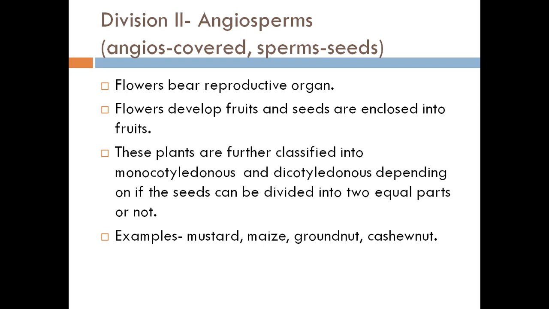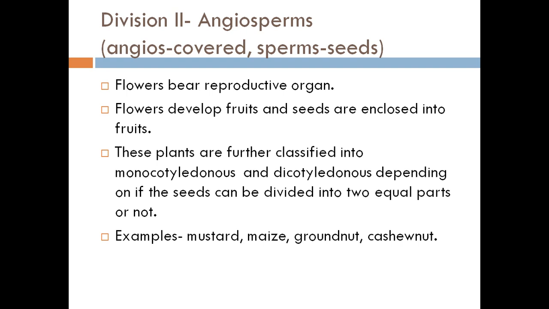Flowers develop fruits and seeds are enclosed into fruits. First flowers grow and then those flowers are transformed into fruits, and when those fruits are formed, the seeds are present in those fruits.